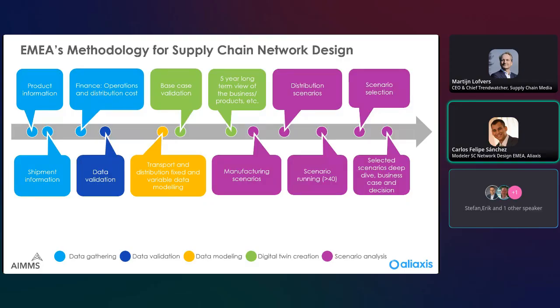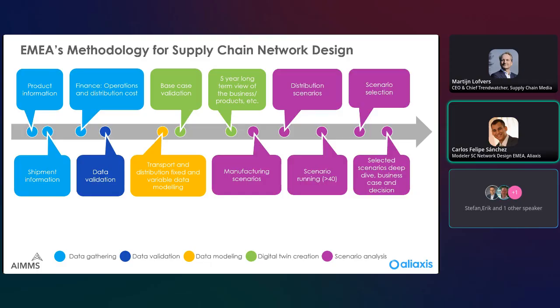Then with this data, we need to model all that information, all the transport, all the distribution, all the variables to be able to create a model out of that. And then in the green boxes, what we find is to create the base case and create the baseline to be able to finally go to the purple boxes where we can create different scenarios and test different scenarios and go to the decision-making process.